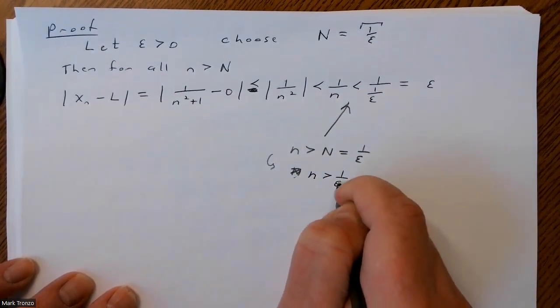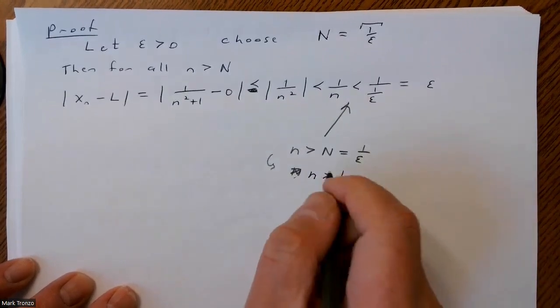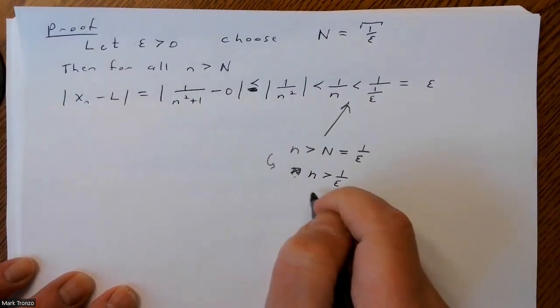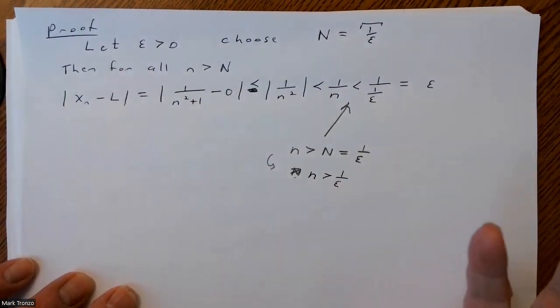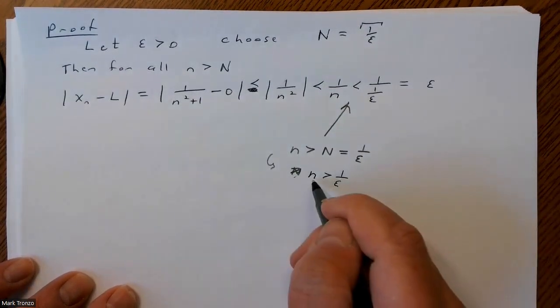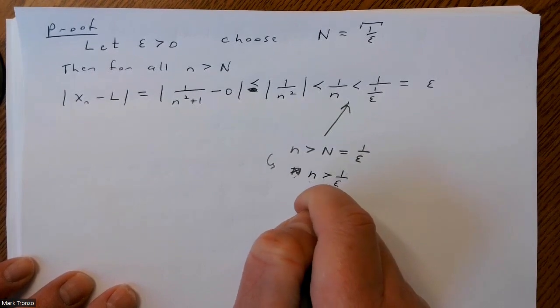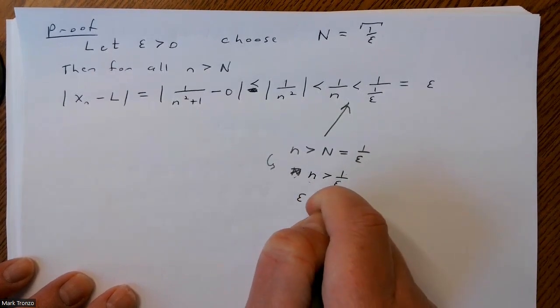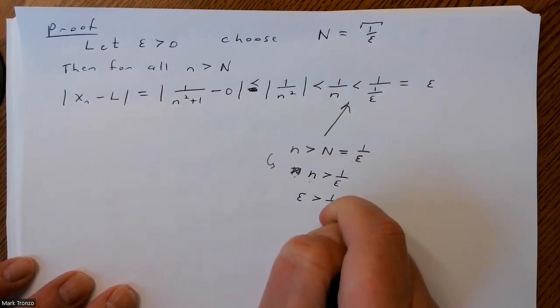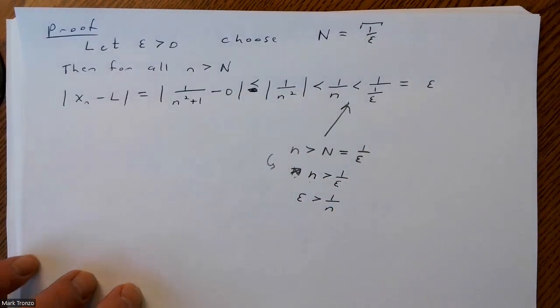Then if we take the reciprocal, or maybe it's even clearer if we just cross multiply, we can say that epsilon is greater than 1 over n. That'd be another way you could think of it.